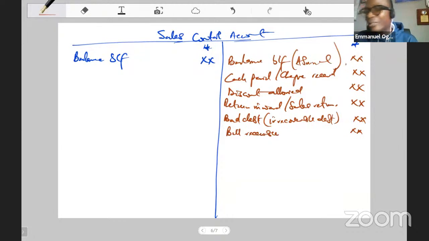Now let's start introducing the one that might be a little bit tricky. It's what is called credit note issued. Now let me explain. What do you mean by credit note? A credit note, from my own view as the one issuing it, is issued to a customer, notifying that a transaction in the past has been overcharged.